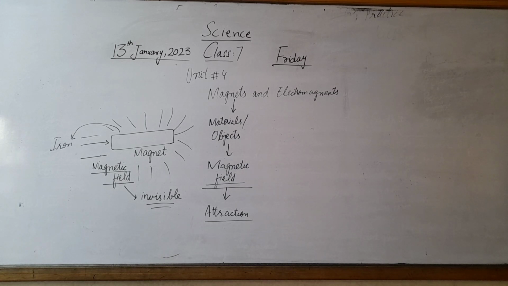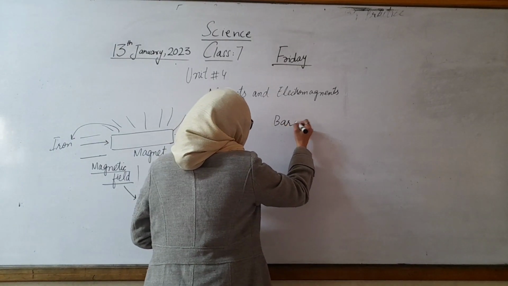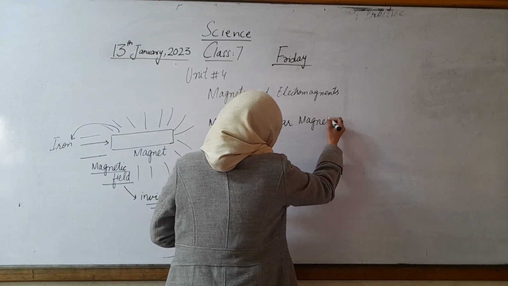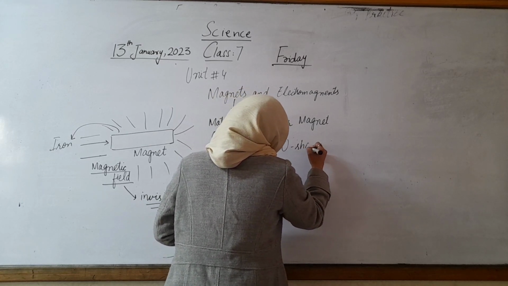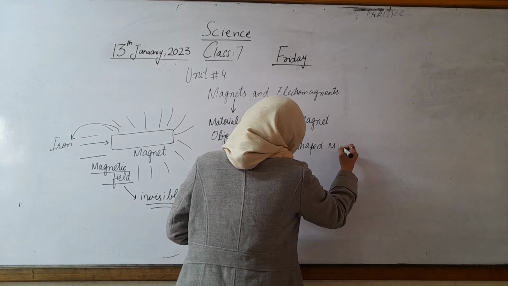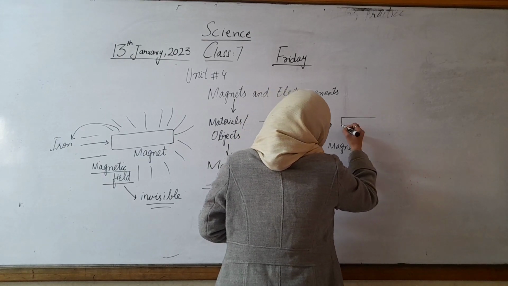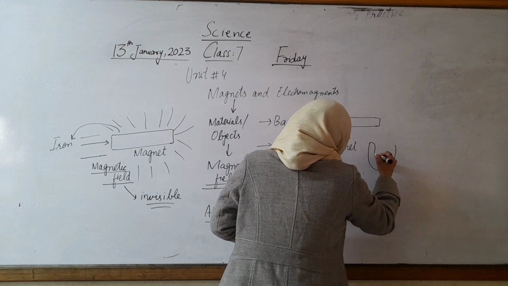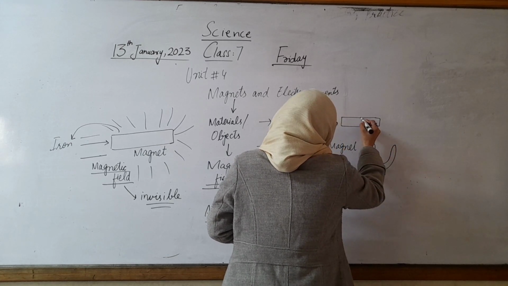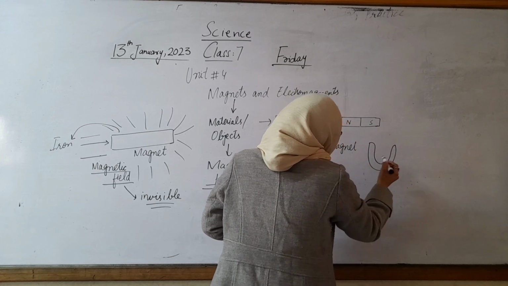Most commonly, we use two types of magnets in the labs. The first one is the bar magnet, and the second one is the U-shaped magnet. Bar magnet is bar-like, and U-shaped is in the form of a U, having two poles, north and south, and U-shaped has two ends.